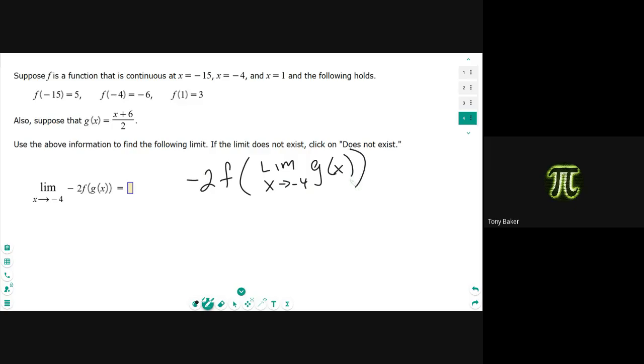I can put the limit on the inside. Actually, I can put a limit on the outside of this one too, of f of x. So let's find the limit of g of x as x goes to -4. How do I do that? Plug in -4.